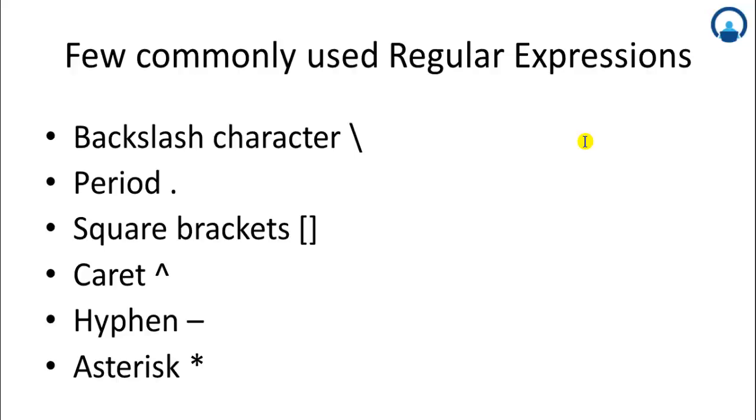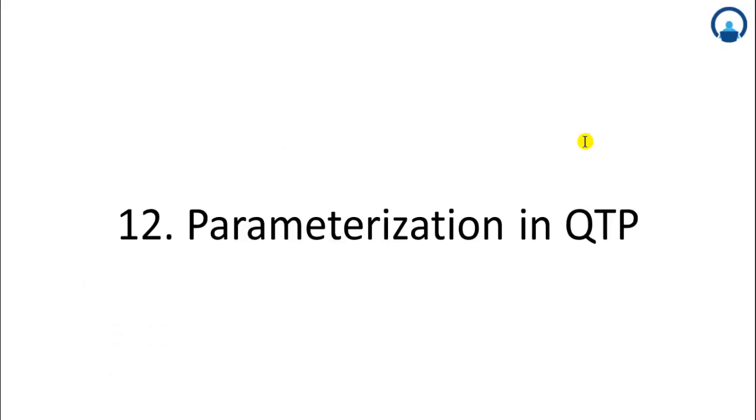So we move on to our next topic now, that is parameterization in QTP. As I said, data table and random numbers, both these concepts will be covered in parameterization in QTP. We had seen data tables and come across them in earlier chapters a lot of times, but till now I didn't introduce you to the concept because I'll be taking a separate chapter for it.